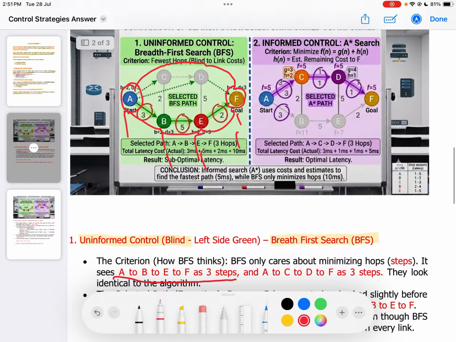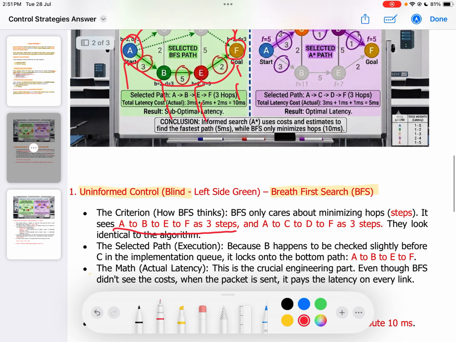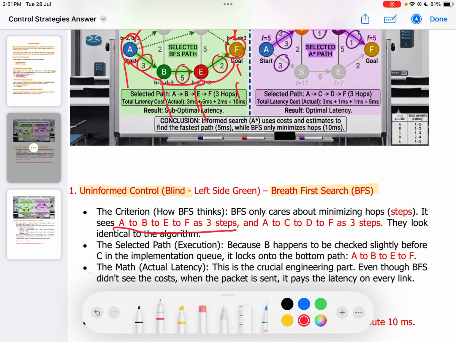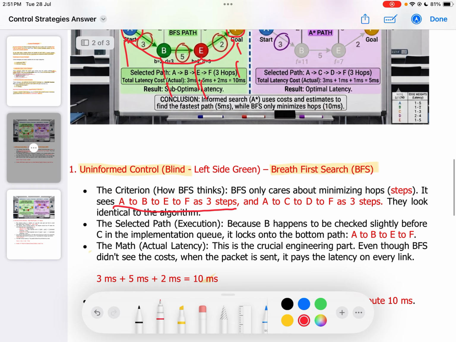The top path is also three hops, C, D, F, but it doesn't choose the A to C path, because B is slightly before C in the implementation queue.